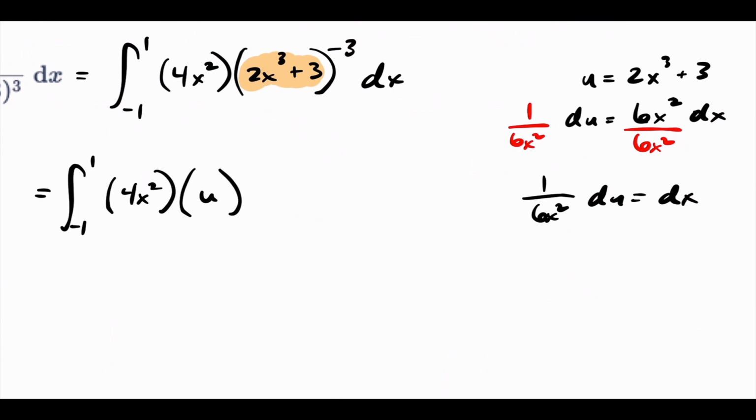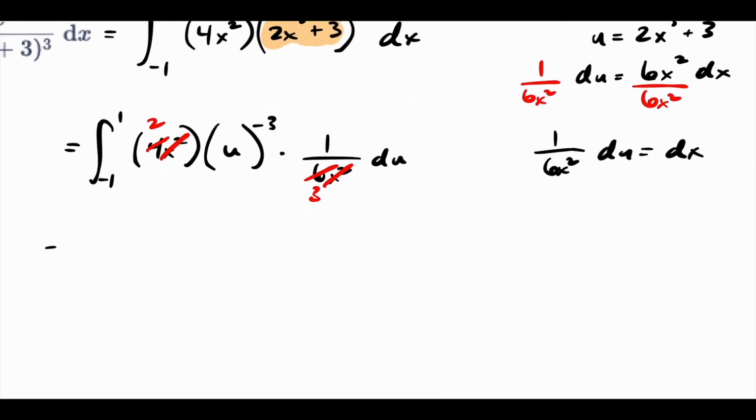This is going to become u. And then instead of dx, I'm going to put 1 over 6x squared du. I want the x's to go away. They do, x squared and x squared. And in fact, the 4 and the 6 too. I can divide them both by 2. So I have 2/3 in front.